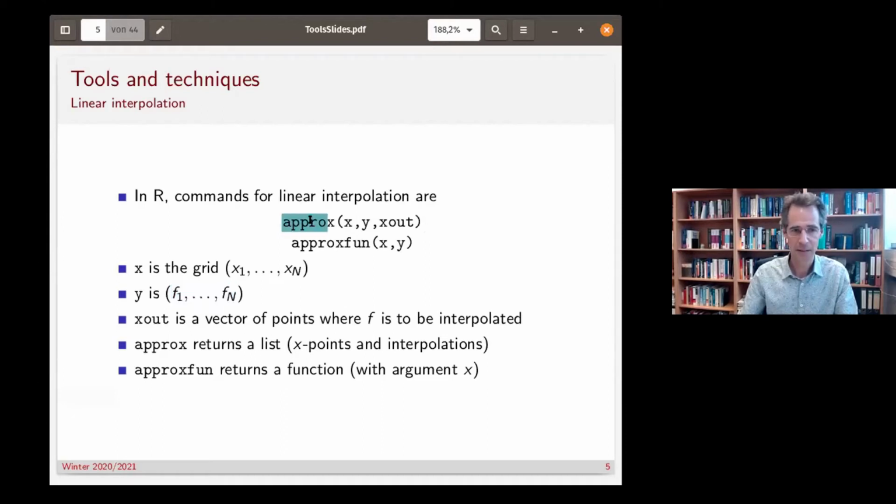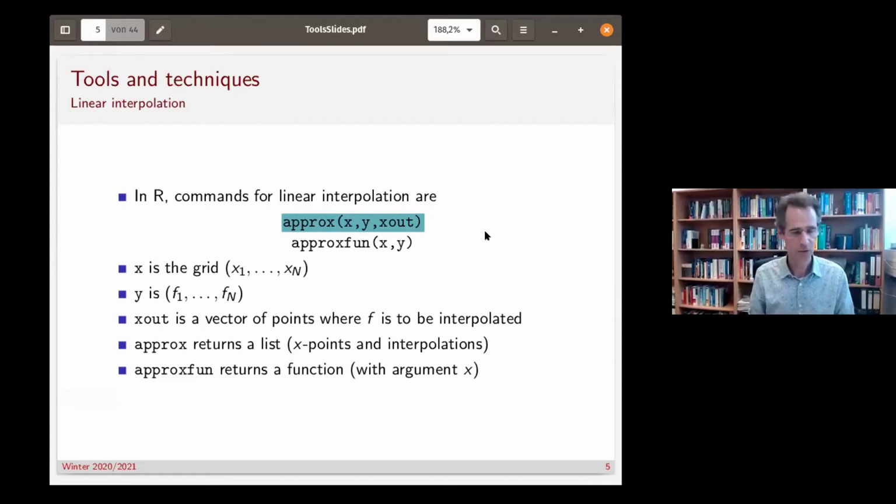And the approx command has a third argument, which could be either a number or a vector. In both cases, this is the points where you want to evaluate the function, so the points that you would like to linearly interpolate. So it's either a vector or just a single point where the function is to be interpolated. And then the approx command returns a list. The list object in R can be, well, visualized as some kind of basket where different things are in.